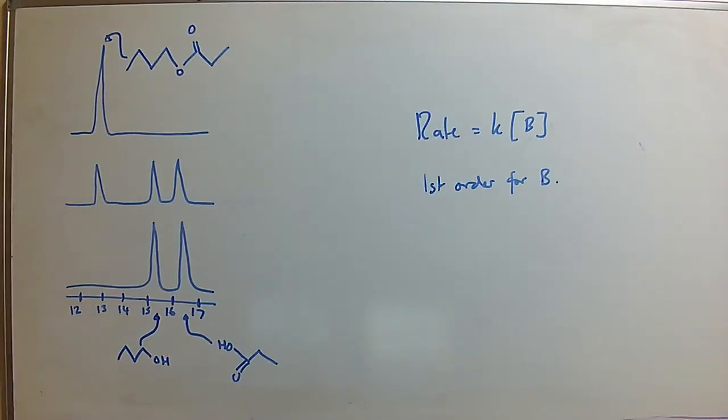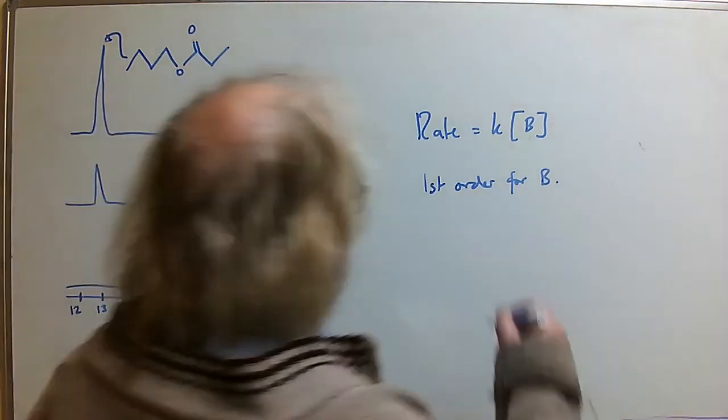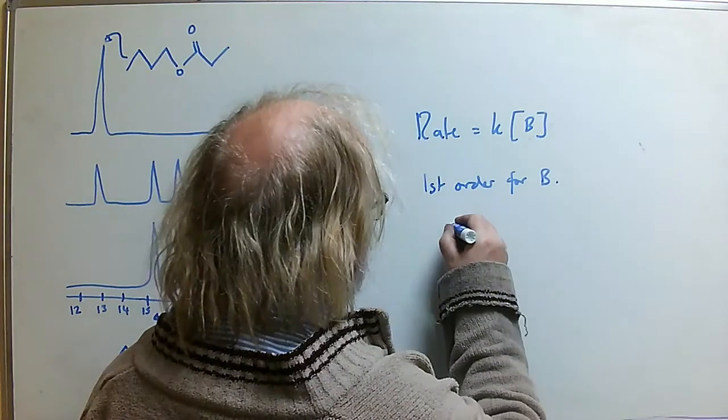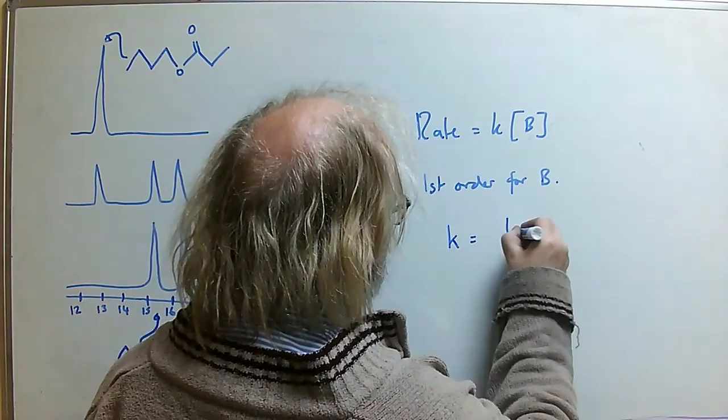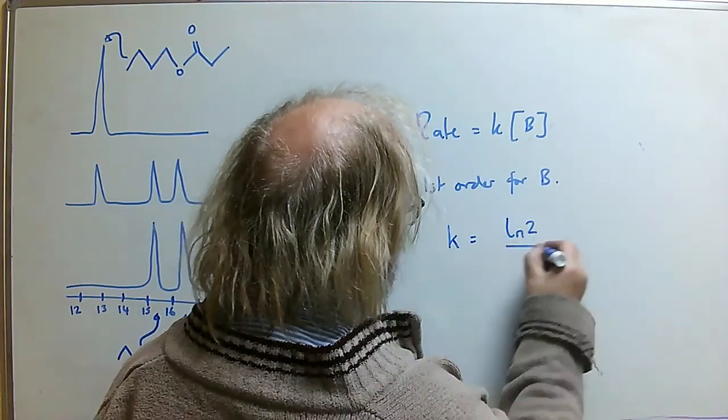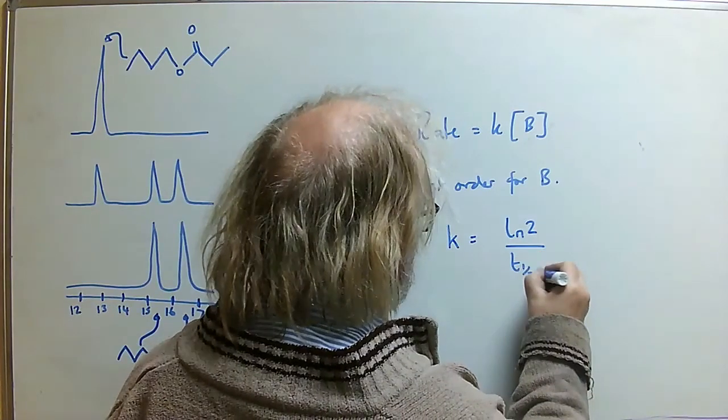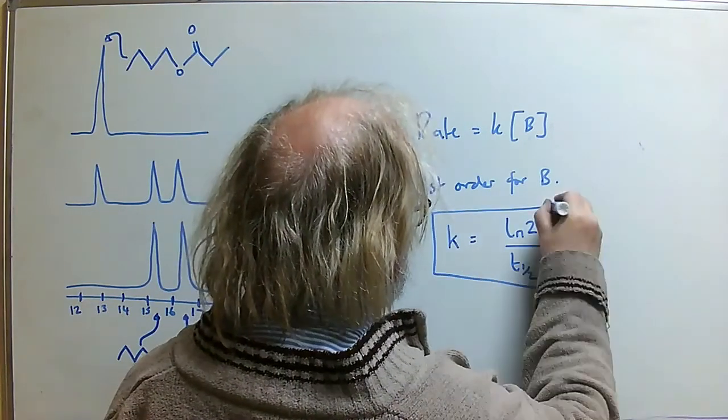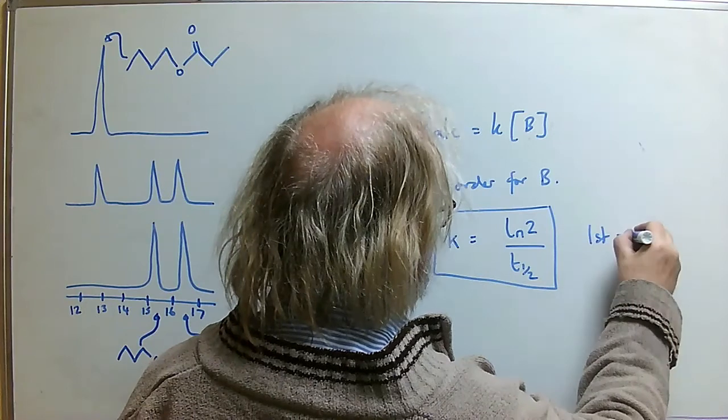So you've got to think, well, what method do I know that can give me an estimate of the rate constant for a first order reaction? And the answer is half-lives. So what you need to remember is that K is equal to log 2 over the half-life for a first order reaction.